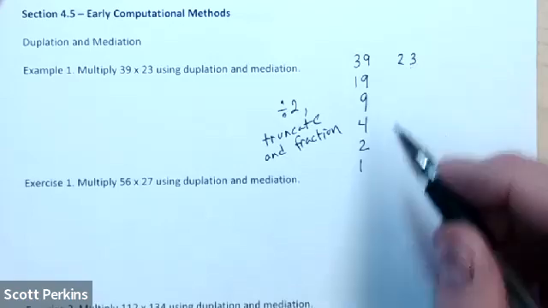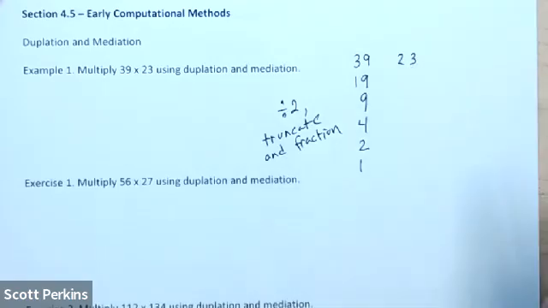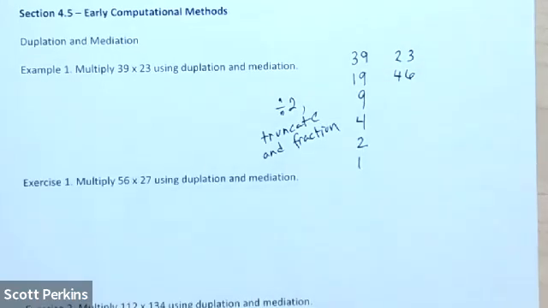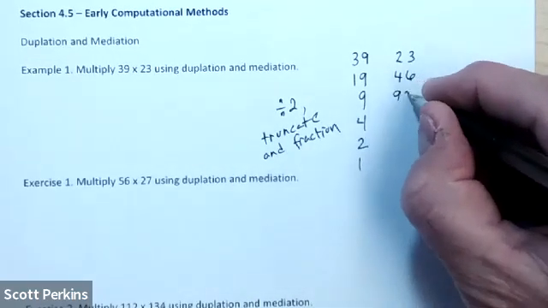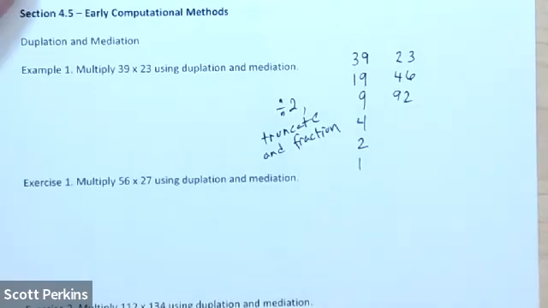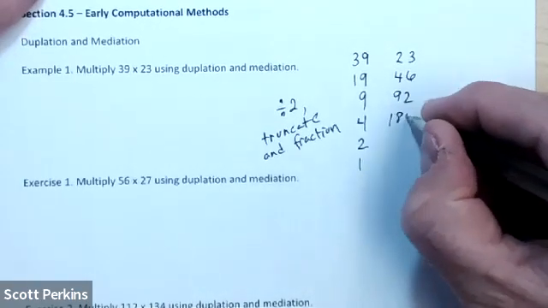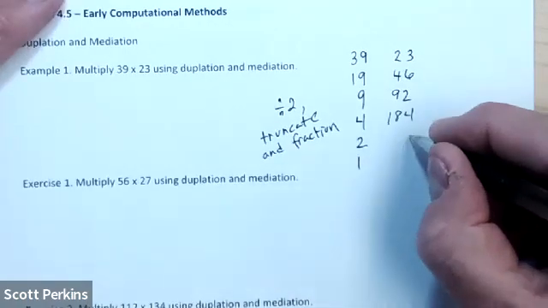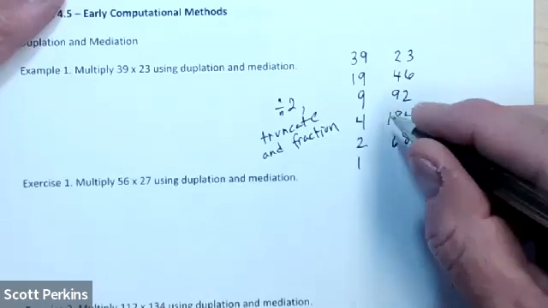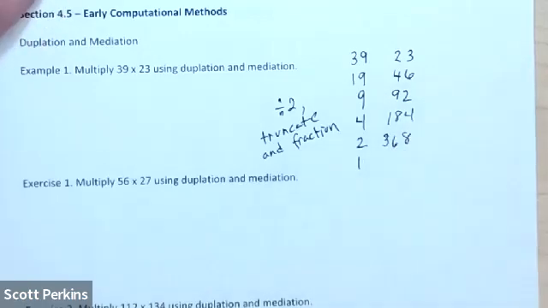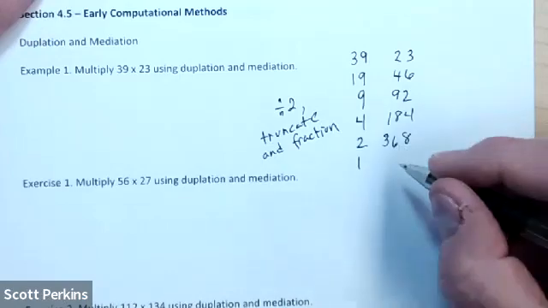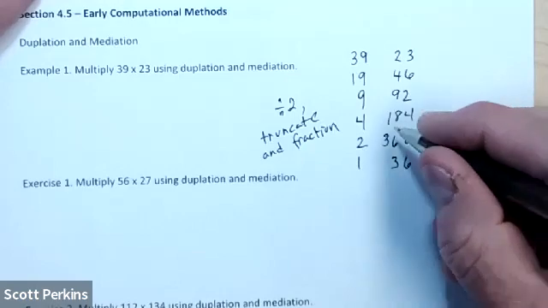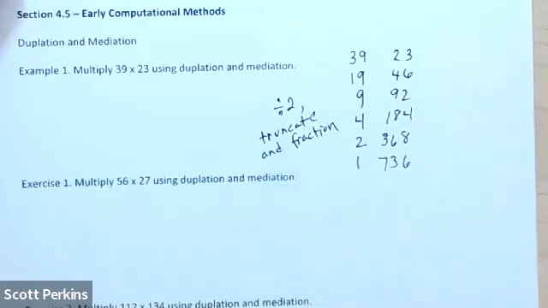So 23 times 2, or 23 plus 23, gives me 46. 46 times 2 gives me 92. 92 times 2 is 184. 184 times 2, that's 8, and then 16, so that's 368. And last but not least, 368 times 2 is 16, carry the 1, 13, carry the 1, and then 736.